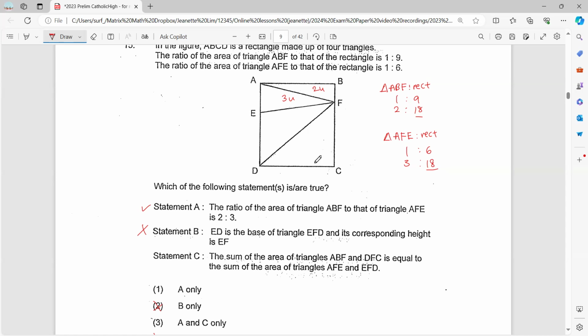ABF and DFC is equal to the sum of AFE and EFD. So what they're saying basically is this triangle here is the same as these two combined. Is it true? Yes, it's true. Because this triangle, this big one, AFD, which is a combination of these two smaller triangles, is actually half of the whole rectangle. Okay, so these two triangles will take up the other half. So yes, it's true. So option 3.